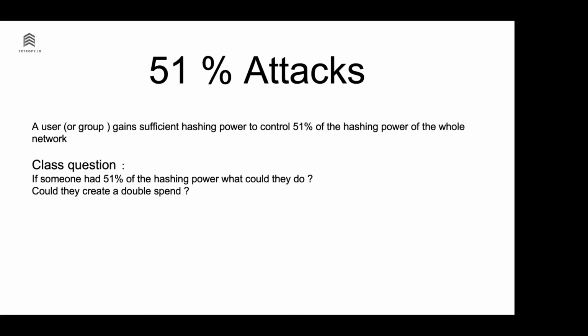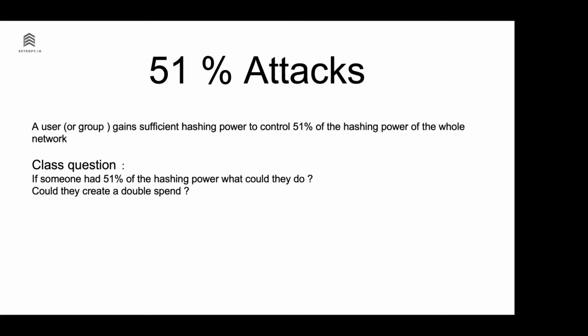What this is about is if you imagine one person or some entity having so much computing power that they had as much hashing power available to them as made up 51% of the network. So if Google and Amazon all joined together and got all of their servers trying to solve this proof of work puzzle, they may end up with sufficient hashing power to be more than the rest of the participants in the network put together.